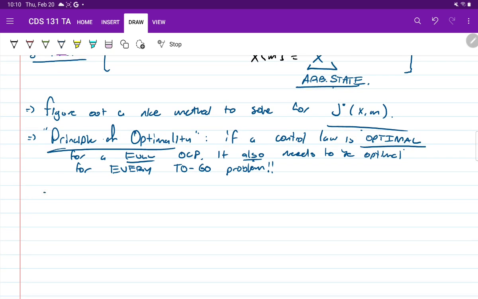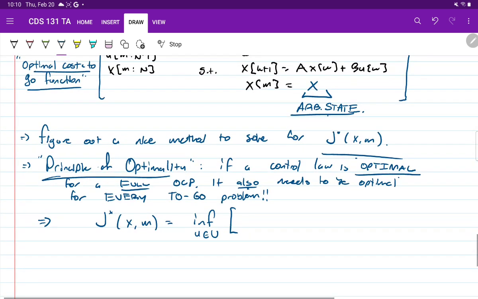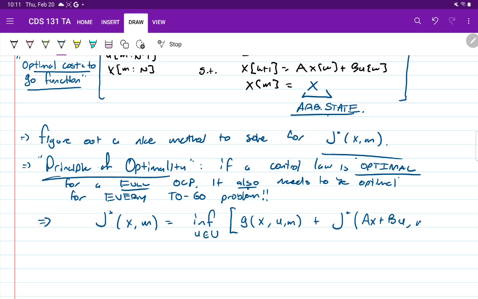What this implies is that J star of x comma m is equal to the infimum over u belonging to our input space of the cost at time m, so g of x, u, and m, plus your optimal cost to go at your next state. My next state is just Ax plus Bu, and at time m plus 1, okay?